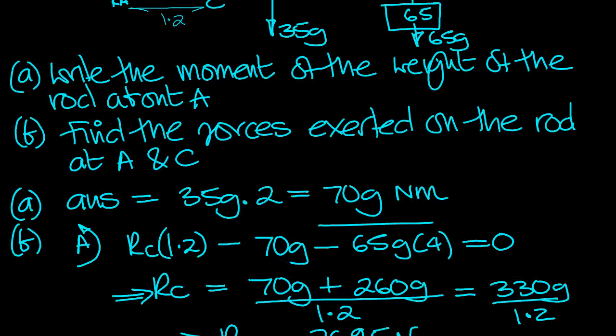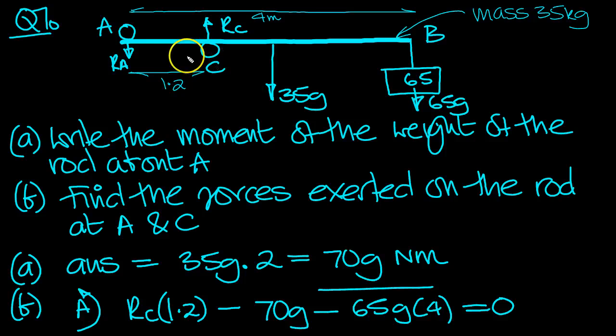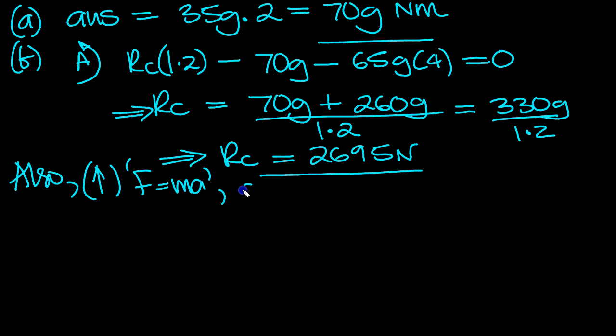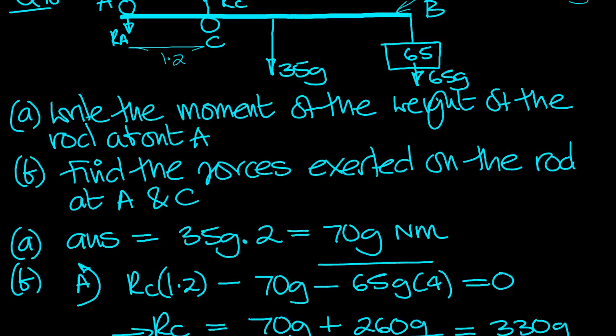And now we can use F equals ma vertically. So RC is equal to these three forces, isn't it? So applying F equals ma in the vertical direction gives, so what was it then? Let's have a look at the picture.